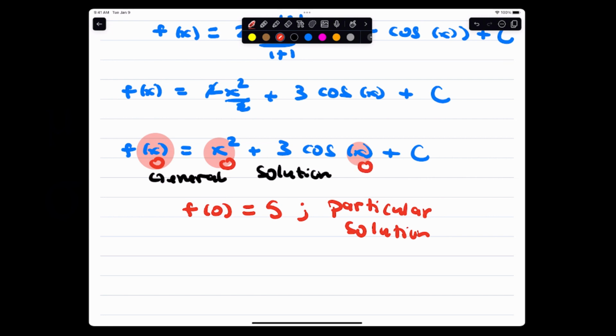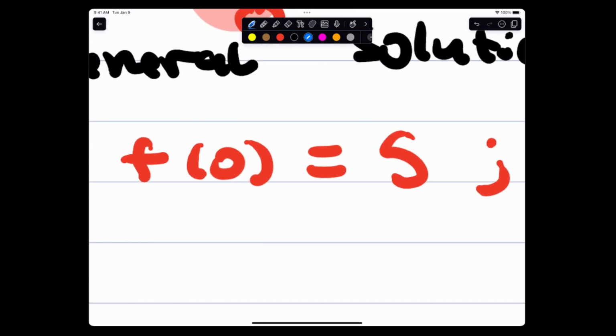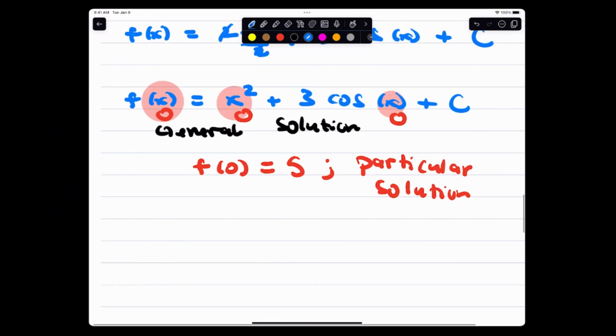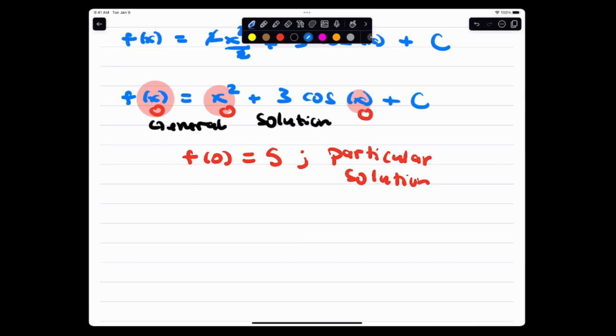Okay, you're going to apply the condition now. This means x is 0, and when x is 0, the function is what number? Right? When x is 0, your function's 5. So you say, what does that mean? Well, let's see. f of 0, if I plug in 0 for x, my favorite condition value.